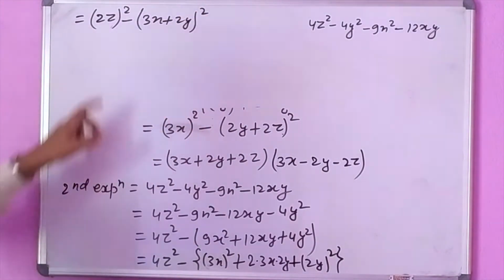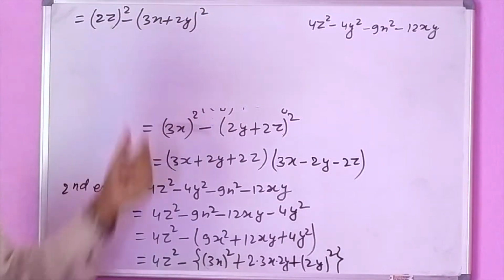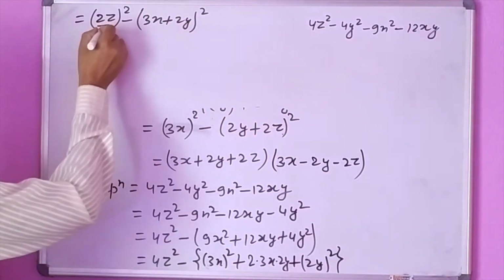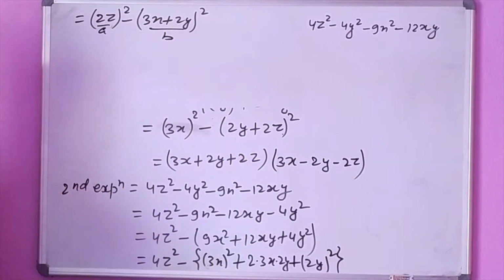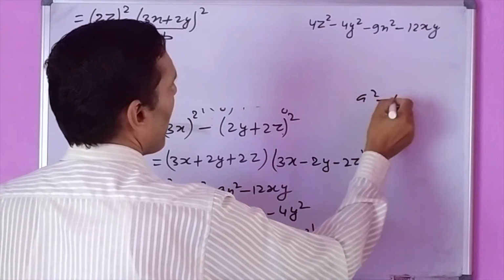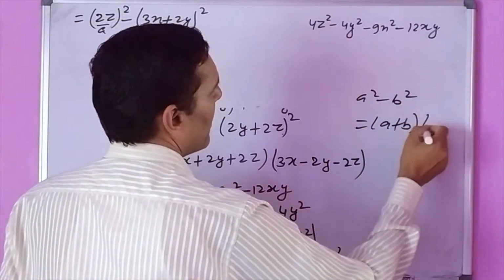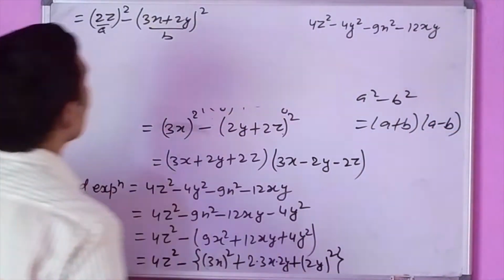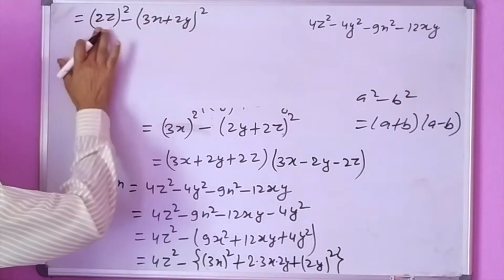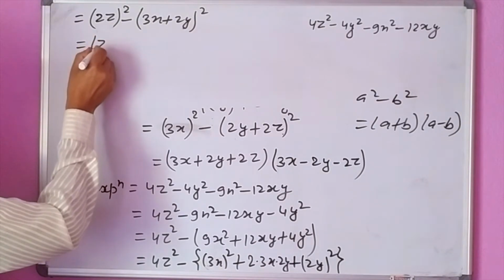Now again, it is in the form of a square minus b square. Supposing this much is a and this much is b, we are using the formula of a square minus b square. Everybody will know it. It is a plus b times a minus b. So what is a? 2z.